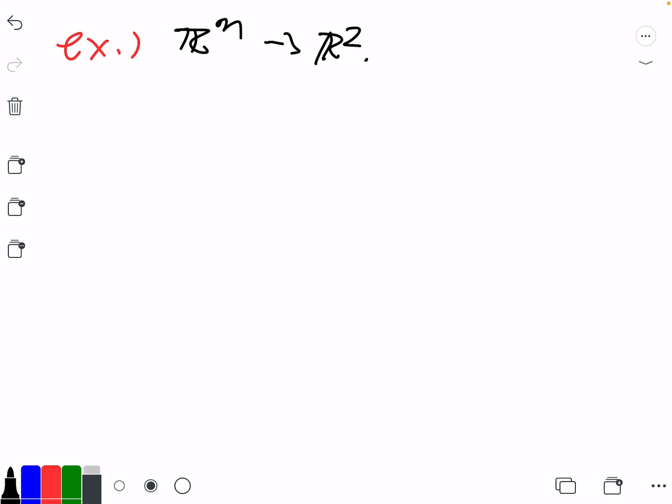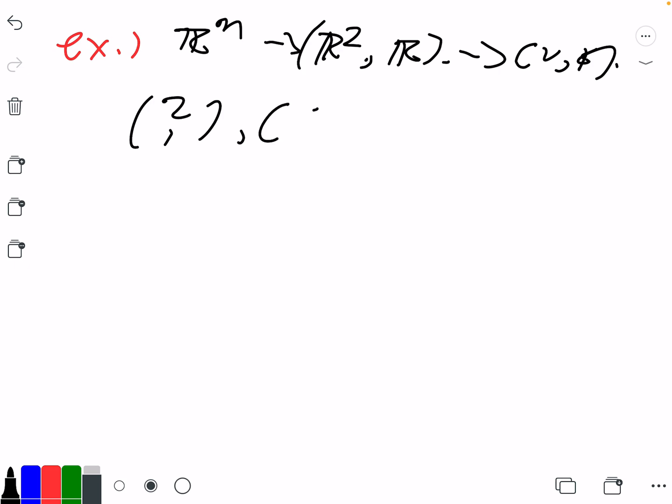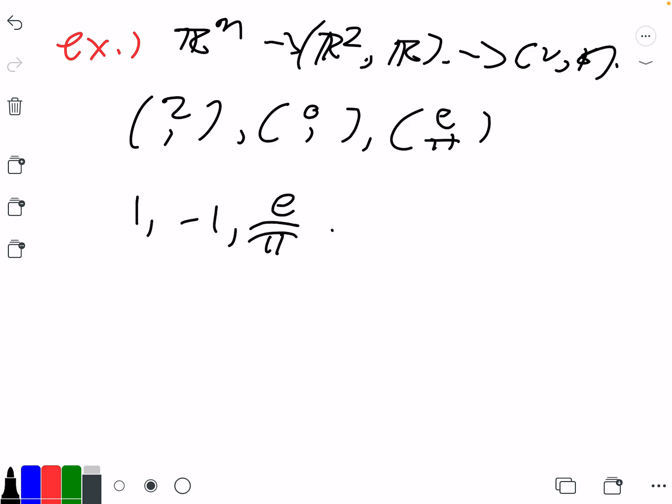And the field is going to be R. So we have vectors, right? Just normal vectors like (2, 1), (0, 1), (e, pi), whatever you want. And we have scalars, which are just random real numbers, like 1, -1, e over pi, again, whatever you want.